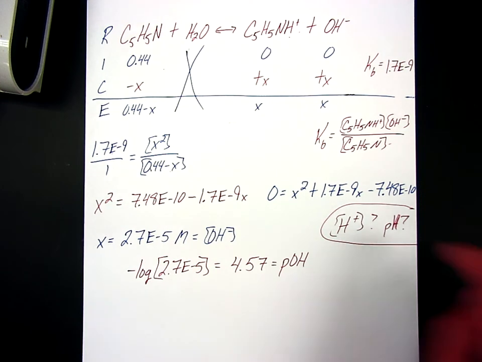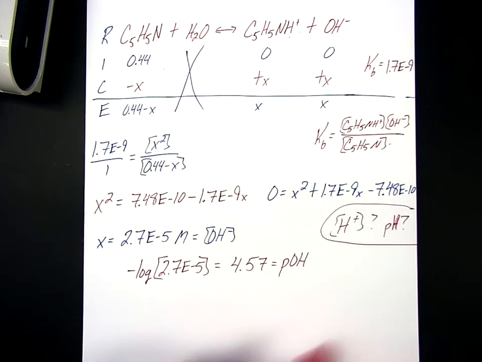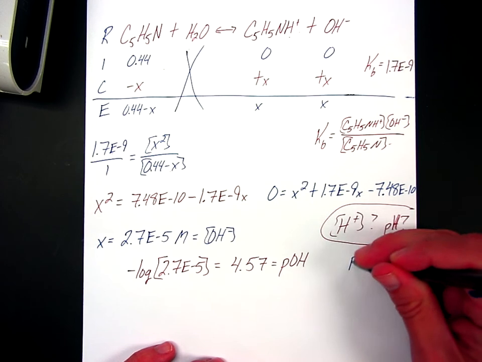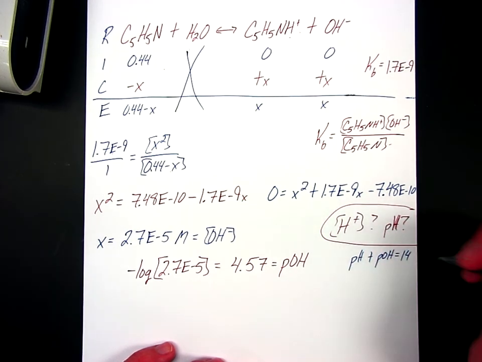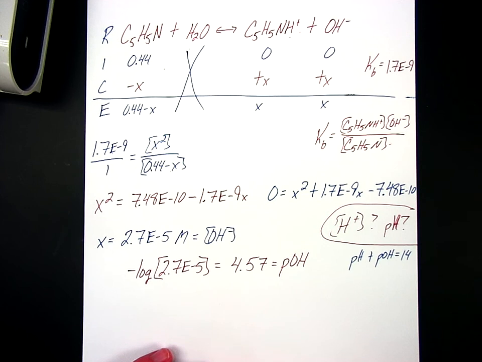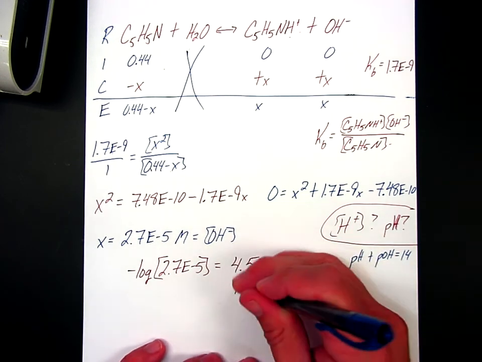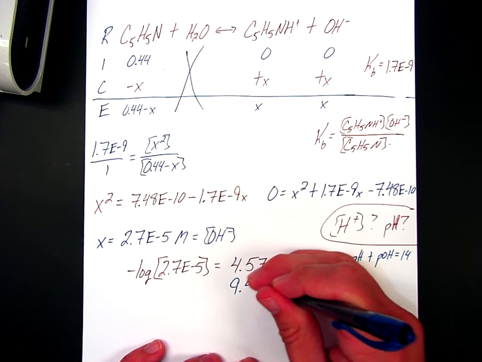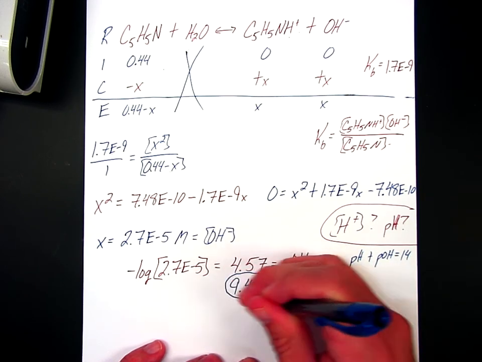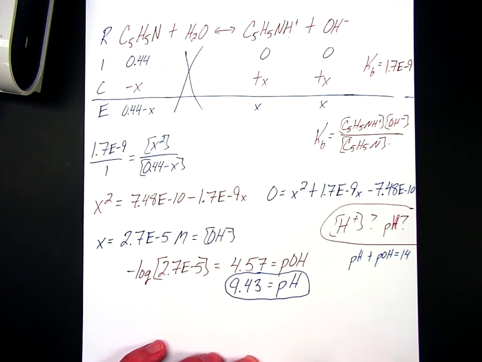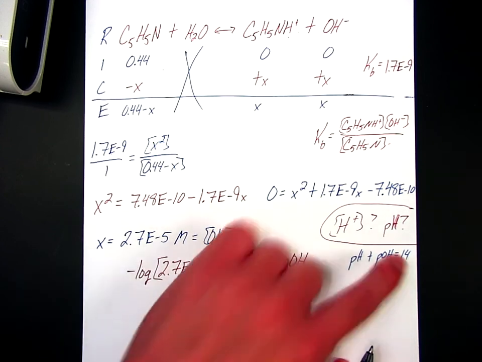Which is neither of the things I'm looking for, but check it out. I can get my pH real easy now, because I know that pH plus pOH equals 14. So I need the other value, which would be 9.43 would be pH. So there's one of my answers, because those two numbers added together must equal 14.